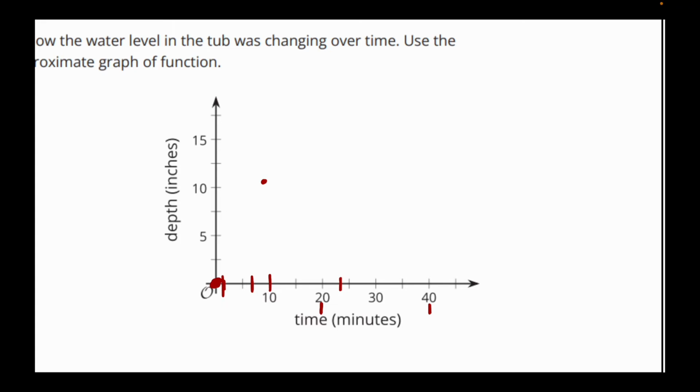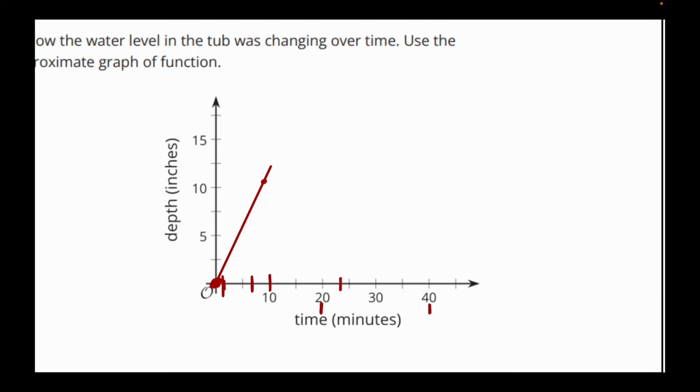Okay, so first things first, I think Tyler is probably just filling up this tub. So I have my starting point, and I have a point that I know it needs to go through, which is here. Now, that's not to say it can't go even further up, but I know I do need to hit this point. So let's put this right about here.